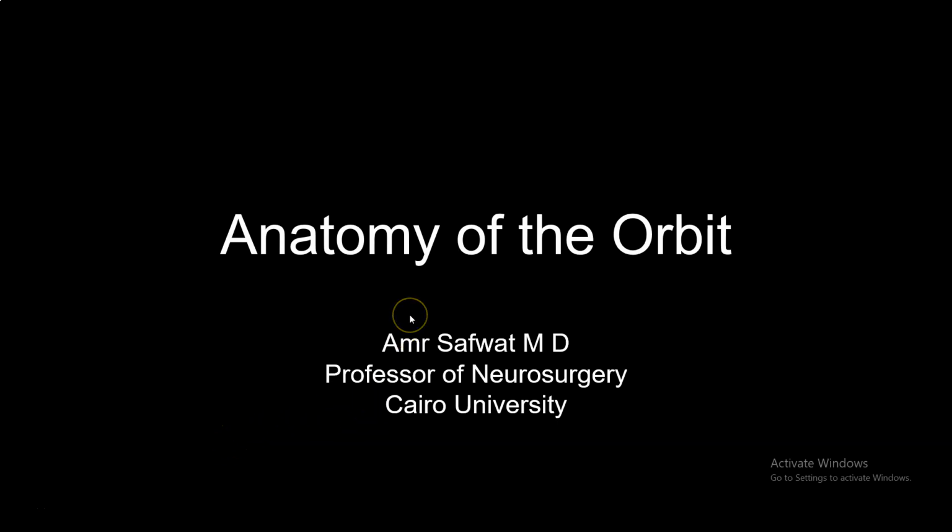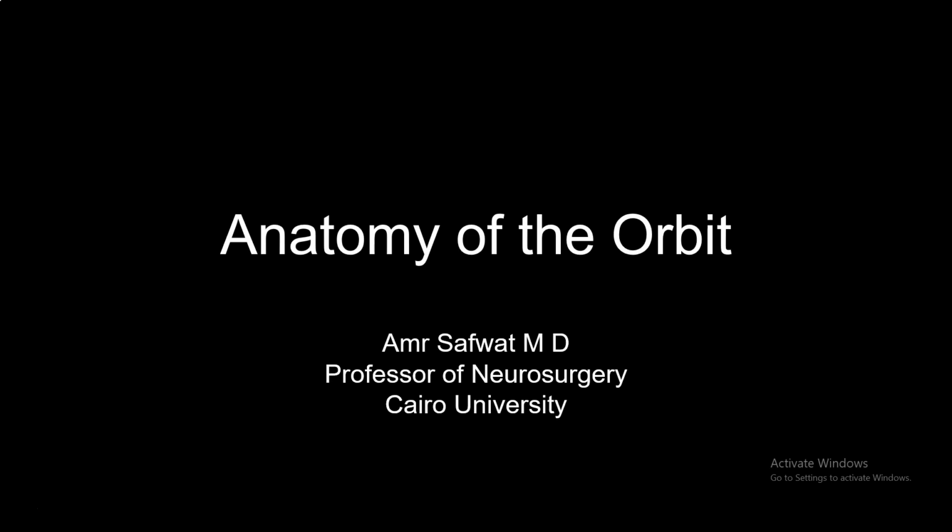Hello dear friends, in our series of applied neuroanatomy, today we are going to discuss the anatomy of a very important region, which is the anatomy of the orbit. As you know, the orbit is no man's land. It is shared by different specialties like neurosurgery, otolaryngology, maxillofacial surgery, and ophthalmology.